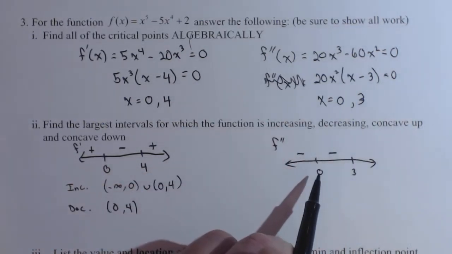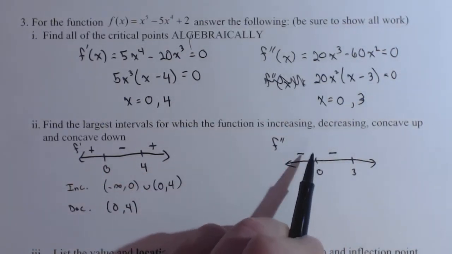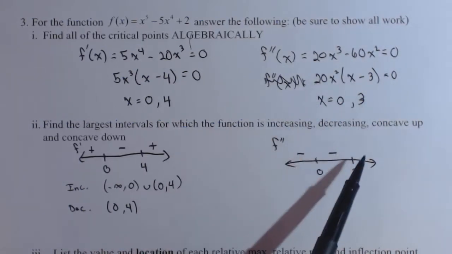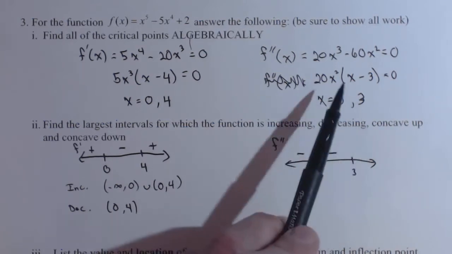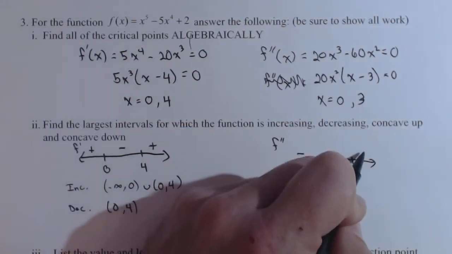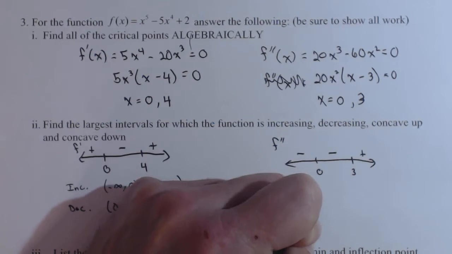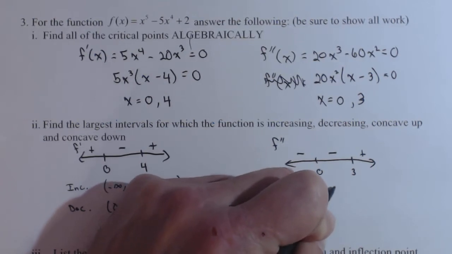So we do not have an inflection point at 0 because it does not change concavity. And then from 3 to infinity, say 4, we could use as a test point. We'd have positive and positive, so it should be positive. So concave up would be 3 to infinity.